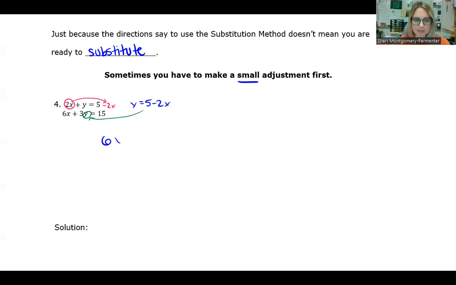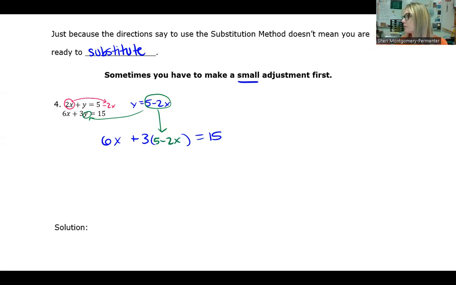We have 6X plus 3, I'm leaving myself a space, equals 15. So I'm taking that and plugging it in. Five minus 2X.